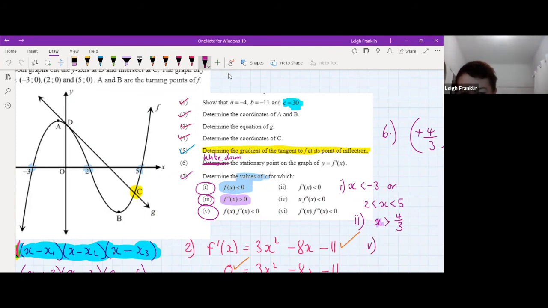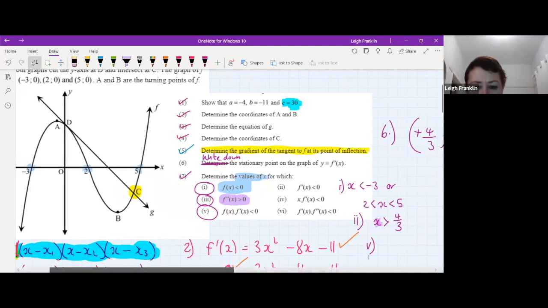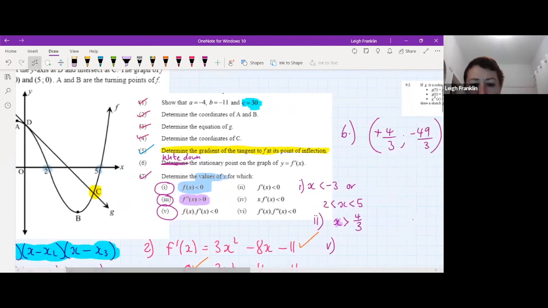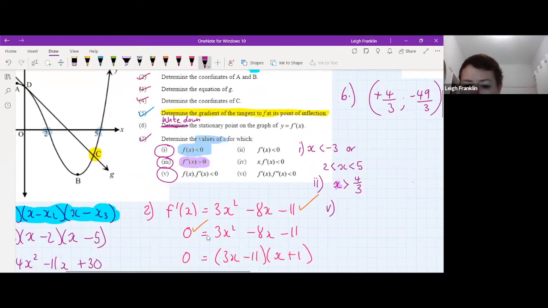And then the last question that we're going to manage to do, what are they asking us for here? So f of x times f prime x is smaller than 0. What does that mean? So f of x is output.